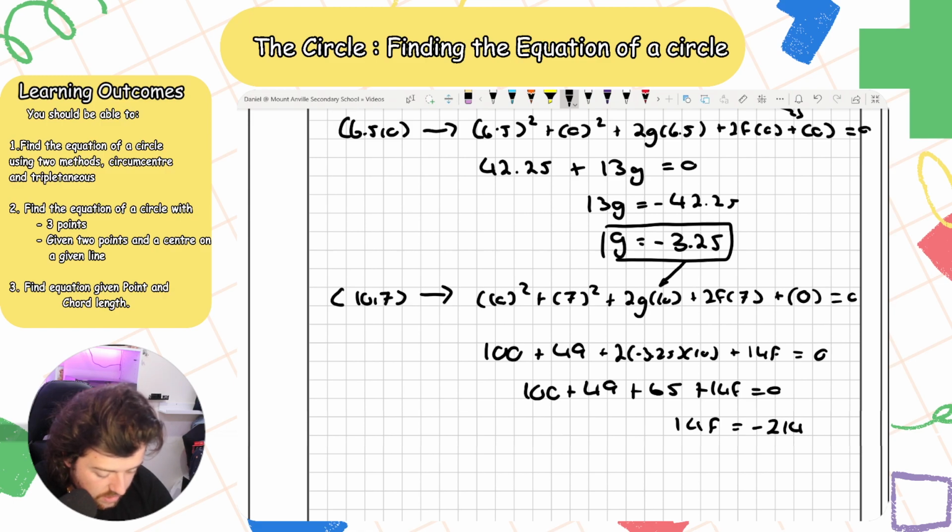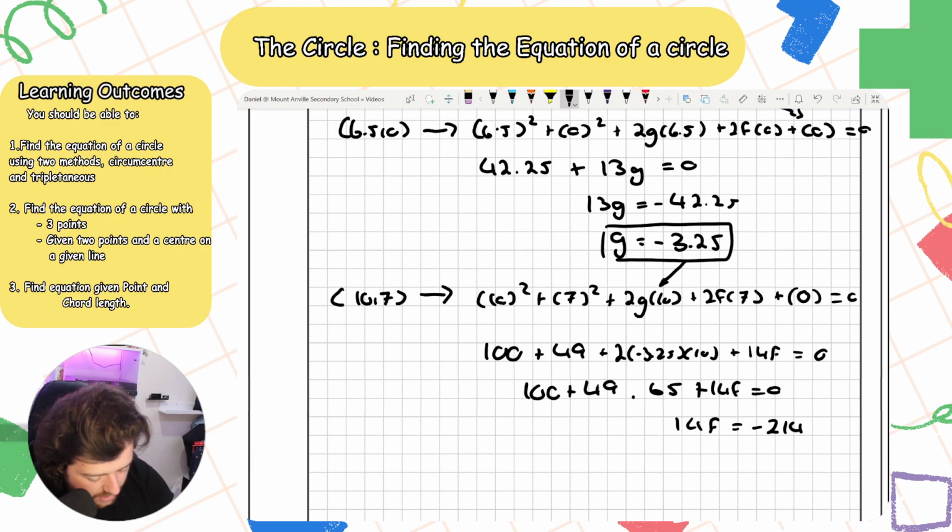14f is going to be equal to minus 214, and divide by 14. Sorry, my calculator's not working. No, we don't get that.